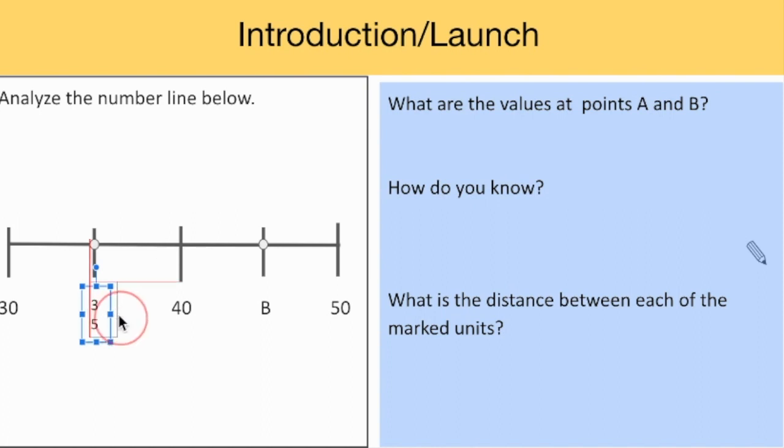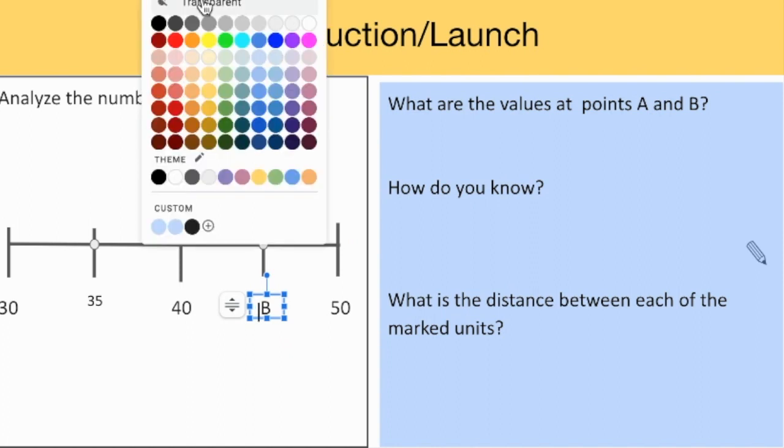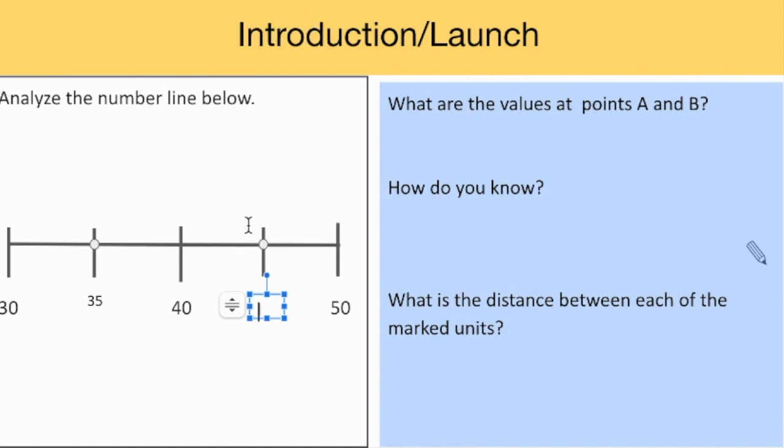Let's put in the number 35 here. And then let's look at B. Is B also placed evenly between 40 and 50? So the number that comes between 40 and 50 is the number 45. So let's write that. Let's write the number 45.